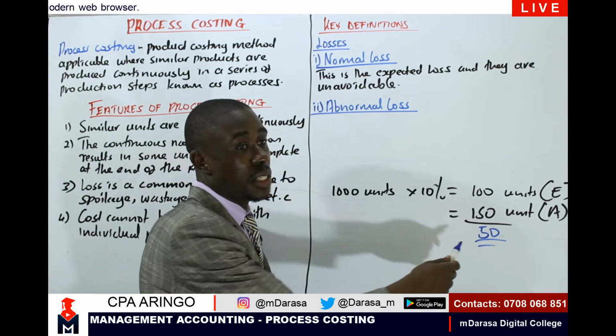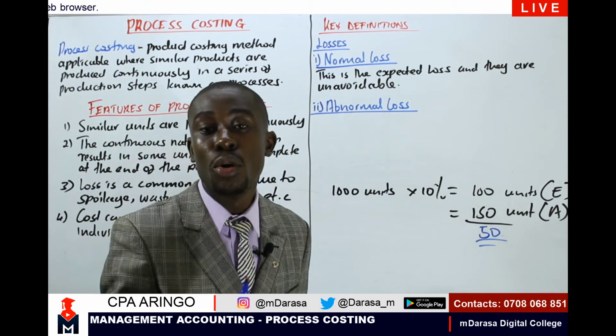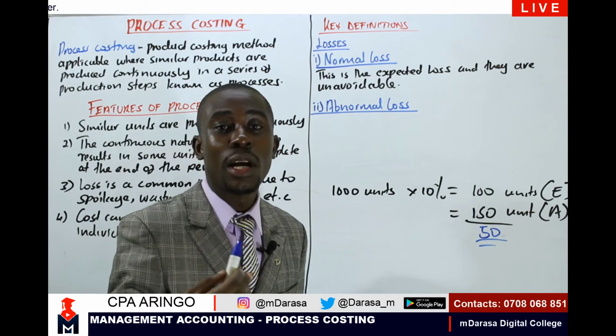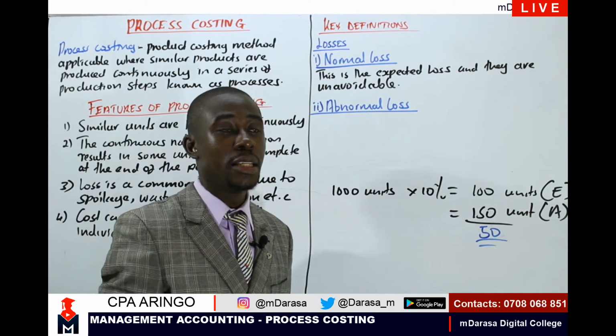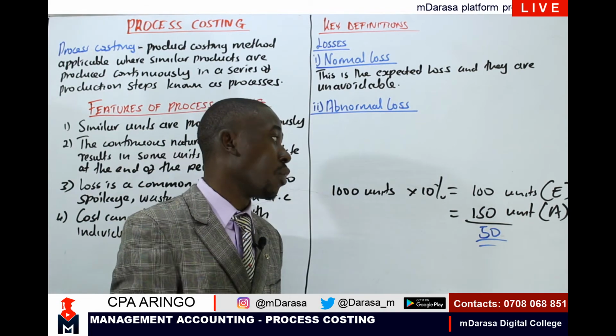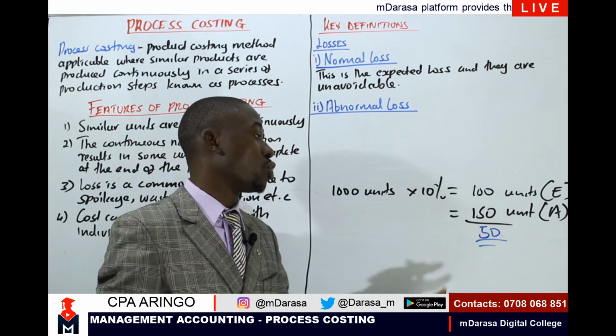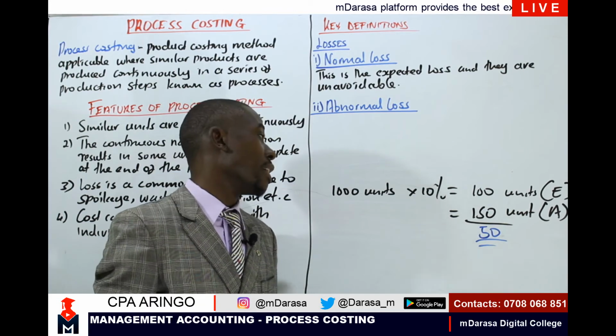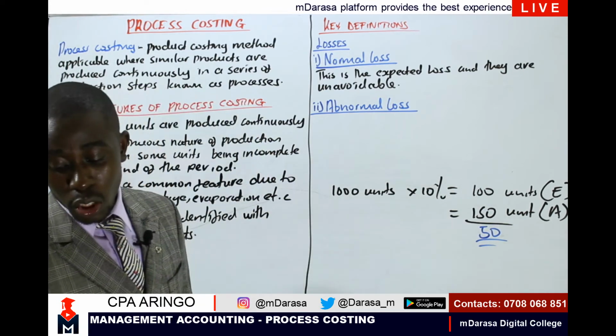So the 50 is what you are going to term as abnormal loss. I'm incurring more loss than I had anticipated. So over and above the expected loss is what you are terming as abnormal loss.